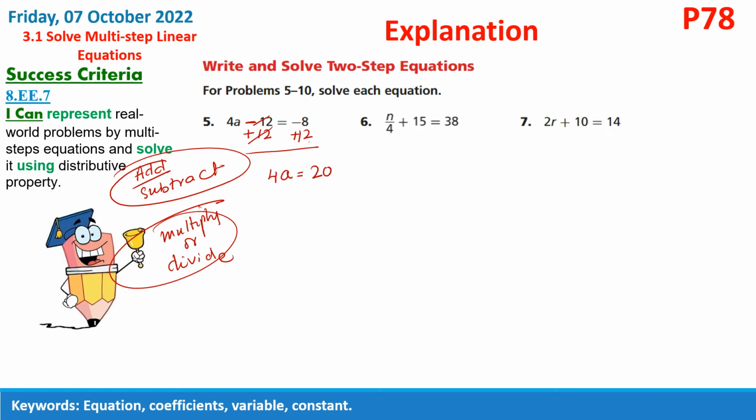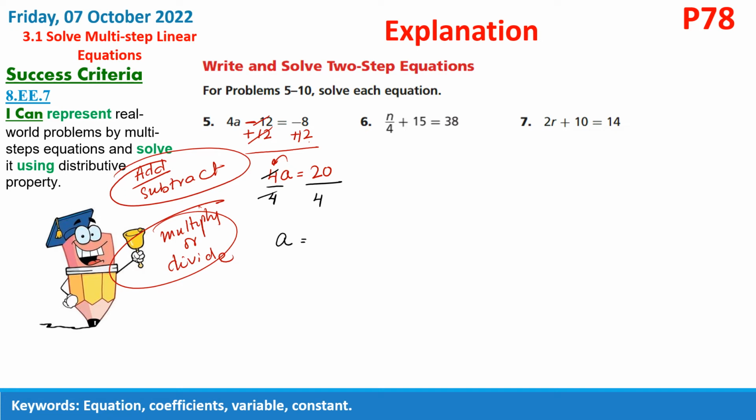Now you can see with the variable a number is written. No sign means they are multiplying with each other. So to undo the multiplication, we divide both sides by this number. So here put 4, here put 4. And now 4 times 1 is 4. So we have been left with a equals.